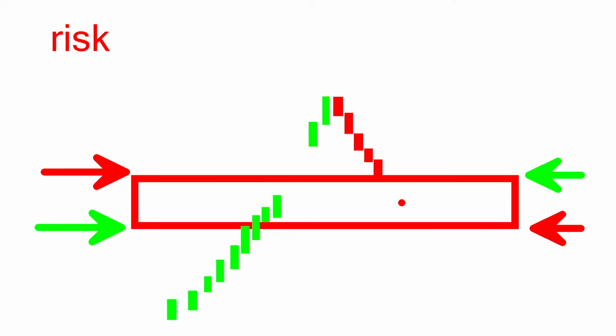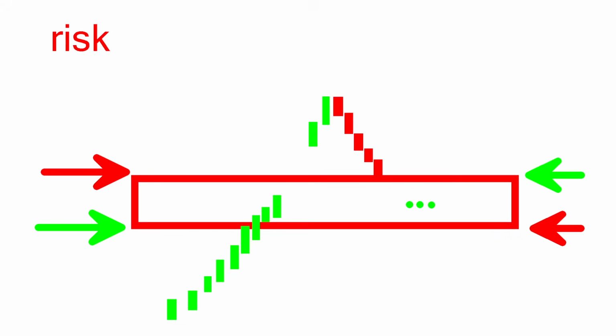If we are starting in the middle of the PMZ, say this is what's happening, I call this a neutral because really I'm not biased. And if price breaks over the top of the PMZ, look to go long if you want to be aggressive. As soon as it breaks, you're aggressive.